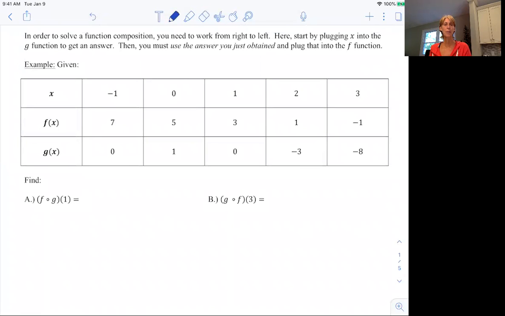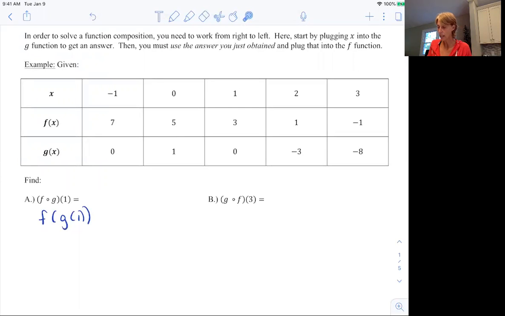In this given table, I have a bunch of x values, I have my function values f of x, and I have function values for g of x. In part A, I want to evaluate f of g of 1. Right away, I like to rewrite that as f of g of 1, so now it's a little bit more obvious. I'm going to plug 1 into g, get that answer, and then plug that into f.